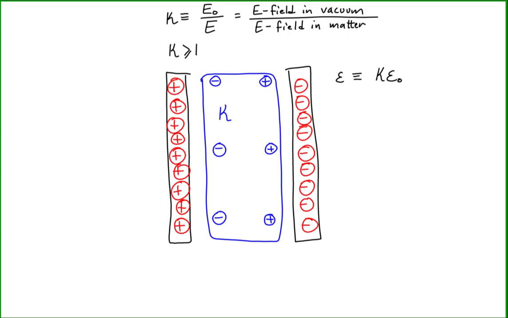To date, all electrostatic equations containing the permittivity of free space must be modified by replacing that permittivity of free space with the permittivity equal to kappa times epsilon naught in any region that's completely filled by a dielectric material of dielectric constant kappa.